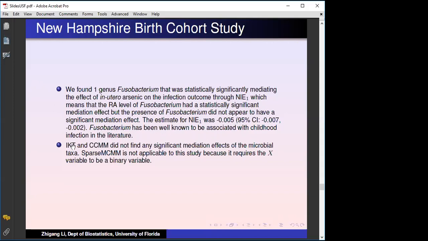We also applied other approaches to this data set, the IKT approach and the CCMM. There are no significant findings for those approaches, and the sparse MCMM cannot be applied here because X is a continuous variable. It can only be applied when X is a binary variable.